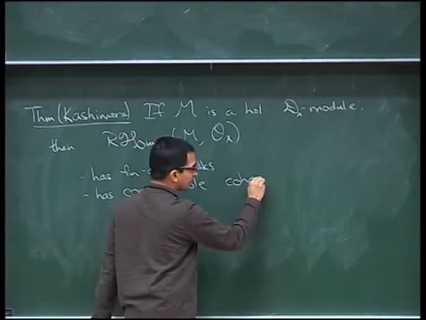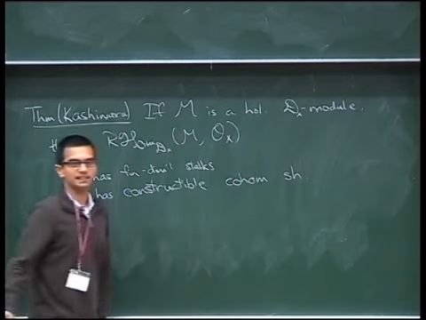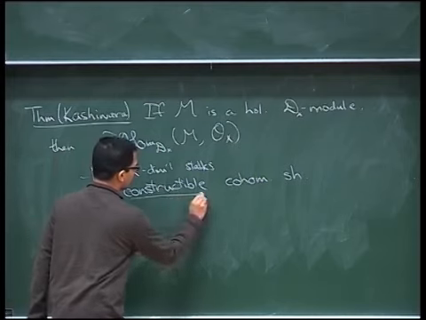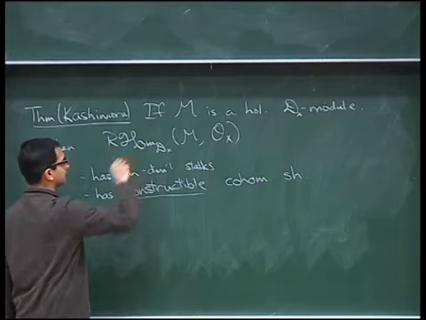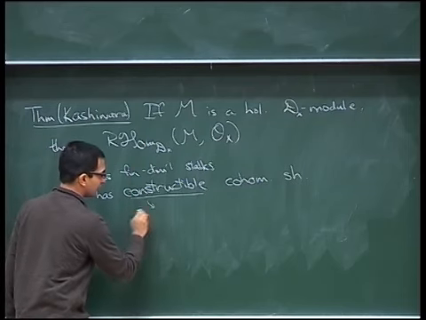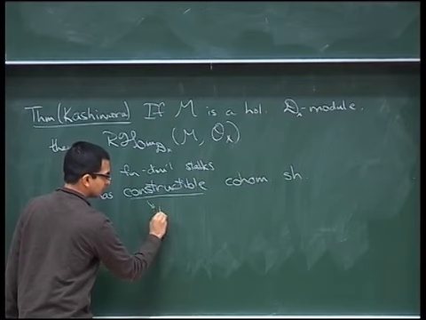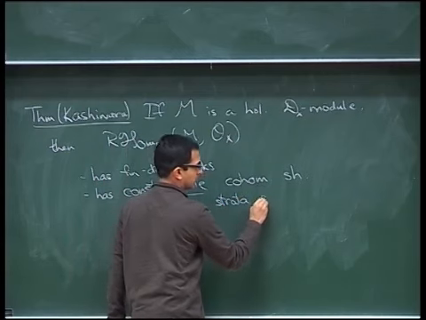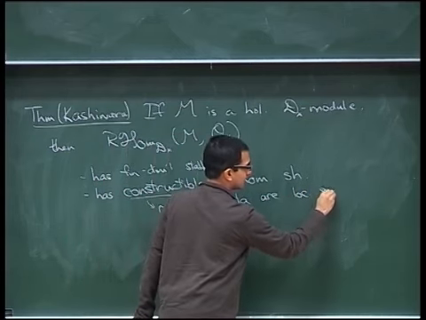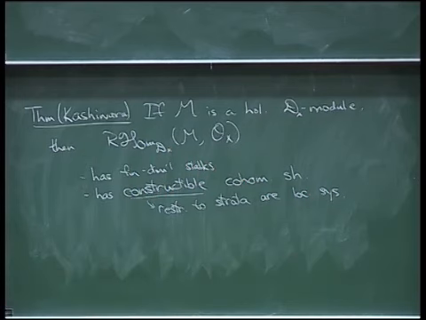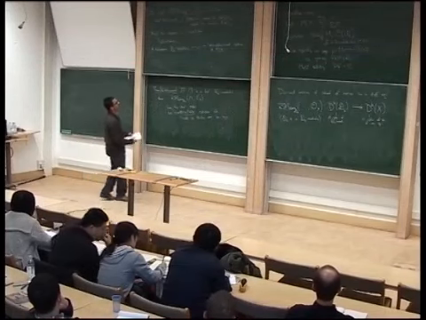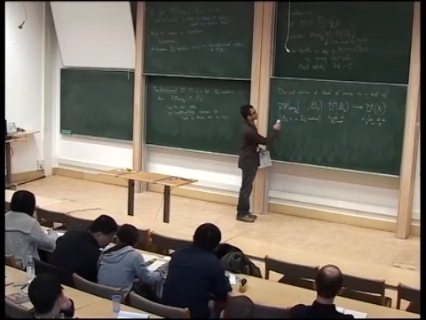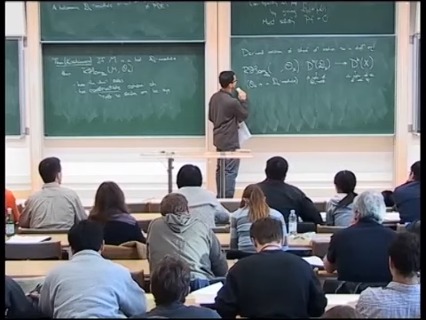So just to remind you, constructible means that there's some stratification such that on each stratum, the restrictions of the cohomology sheaves to those strata are local systems. Okay, so in other words, let me modify this statement of what functor we're looking at right here.